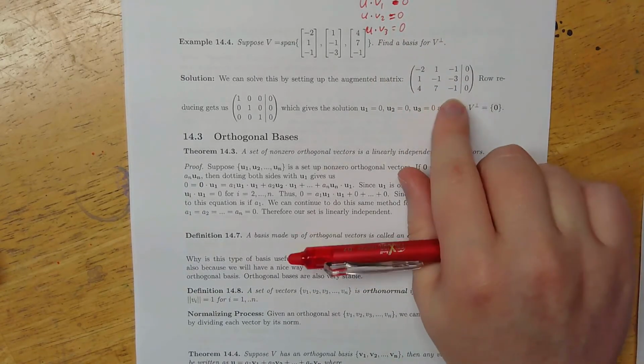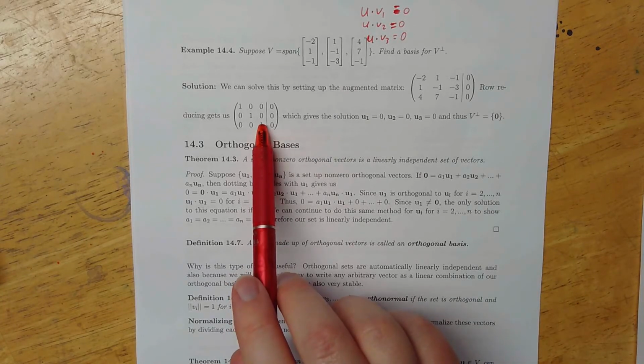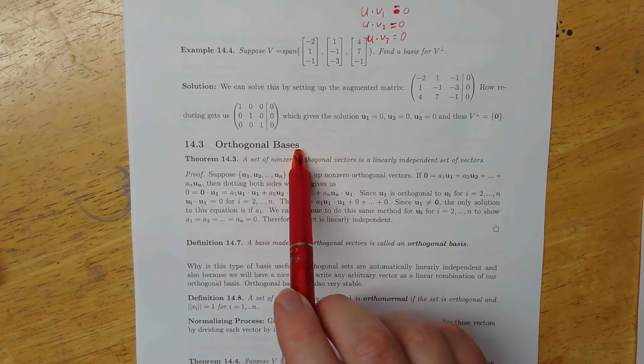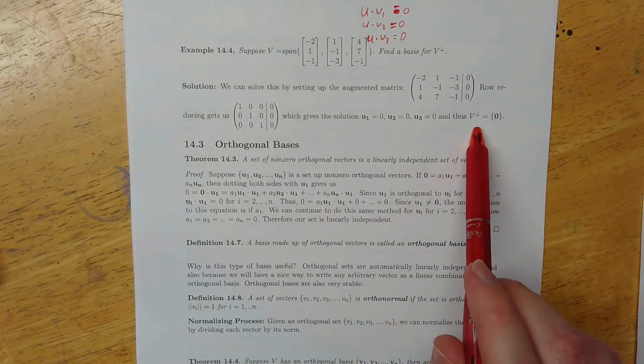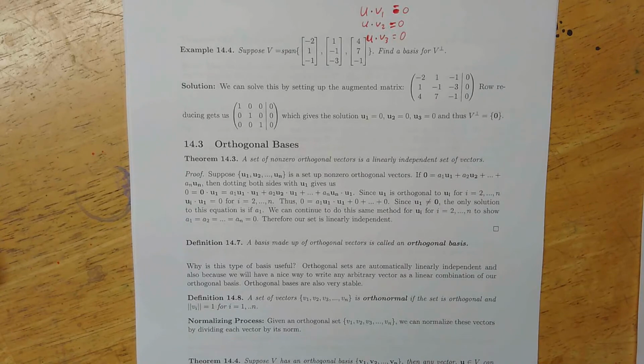And that's how we get this matrix, by taking these dot products and setting them equal to 0. Given the reduced row echelon form here, we get a solution of all zeros, which tells us that vperp is just going to be the 0 vector. So that means the only vector that's orthogonal to all of them is the 0 vector.